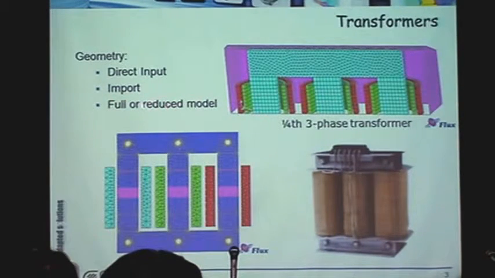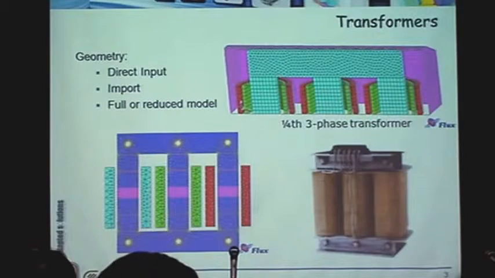So as much as we can, we're going to try to work on a fraction of the machine. Here we just work on 1/4 of the transformer. We can see the core, the primary and secondary, and then all the tanks that close the whole thing.